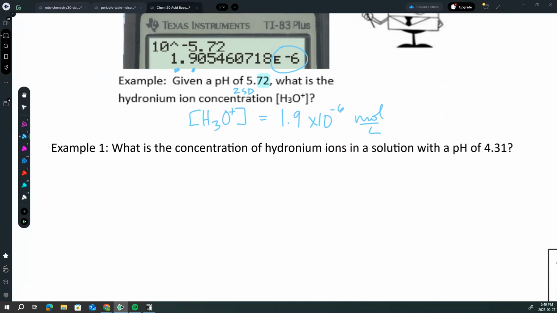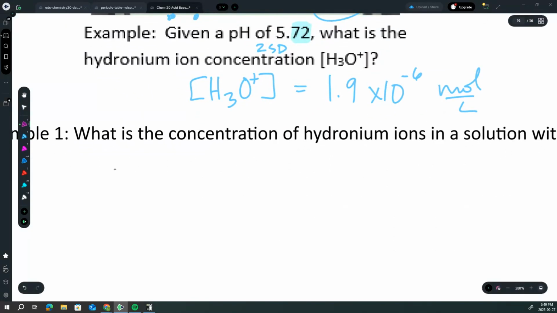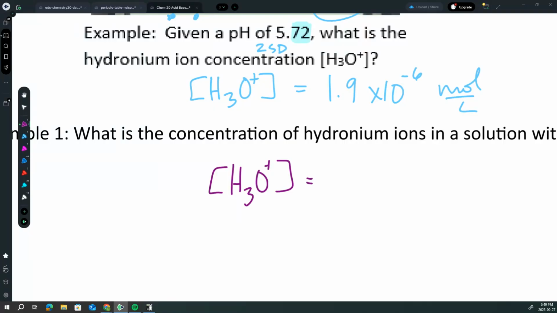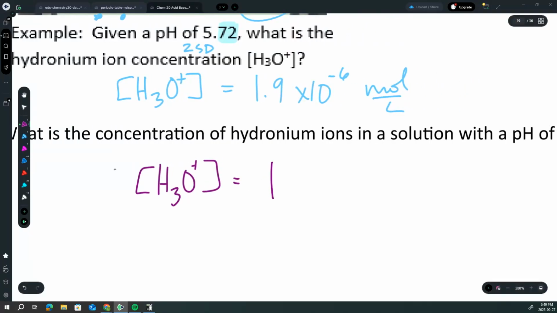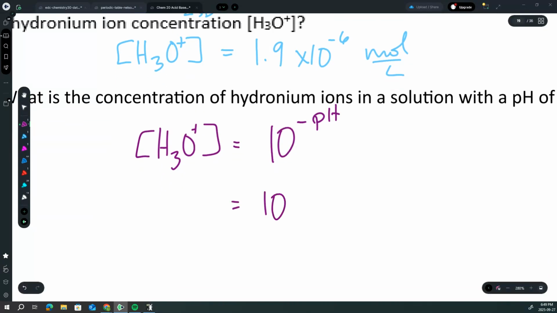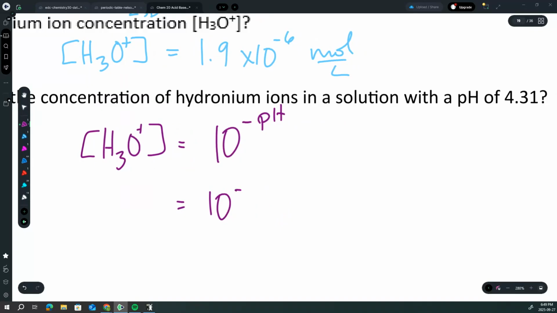What is the concentration of hydronium ions in a solution with a pH of 4.31? Let's start off with our formula. Then 10 to the power of negative pH is equal to 10 to the power of negative 4.31.